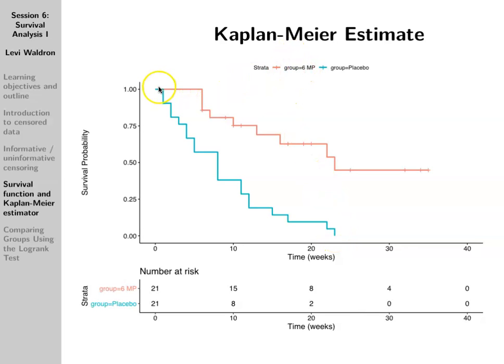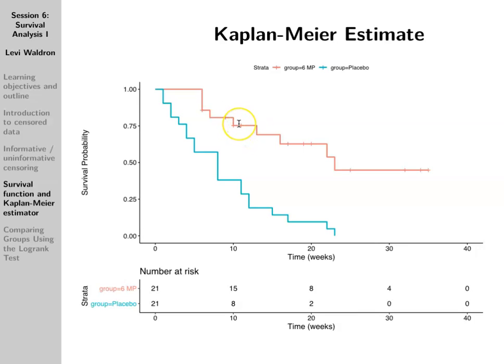In the treatment group, we see it come down quite a bit more slowly, and at the end of the study, it's still 50%. So this is telling us that in this treatment group, by the end of the study, there is still a 50% probability of remission.